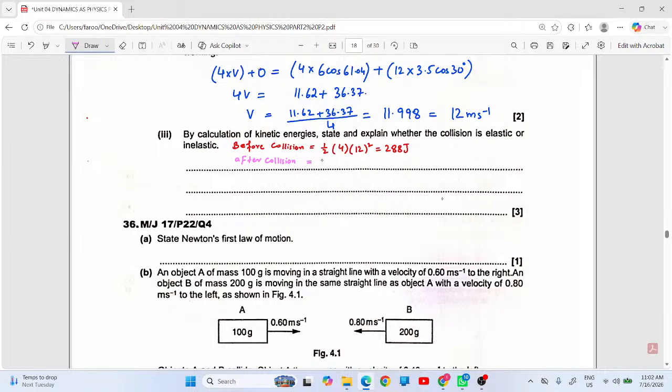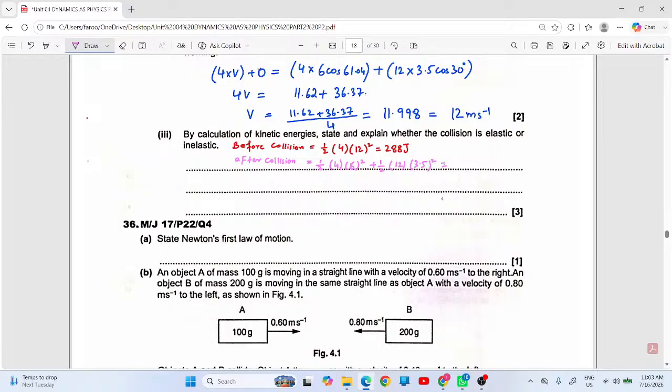Kinetic energy is half mv squared. Now we have two bodies: one of mass 4 with velocity 6, plus half times the second body, a mass of 12 moving with velocity 3.5.